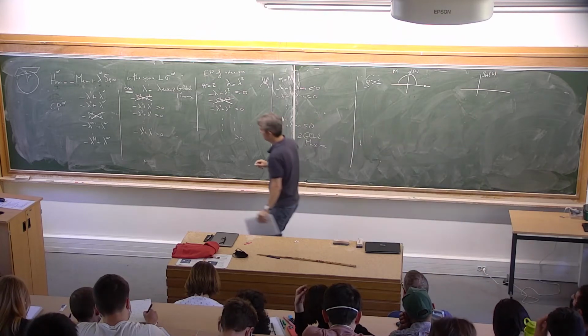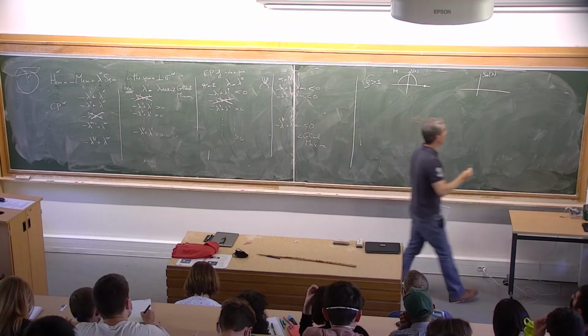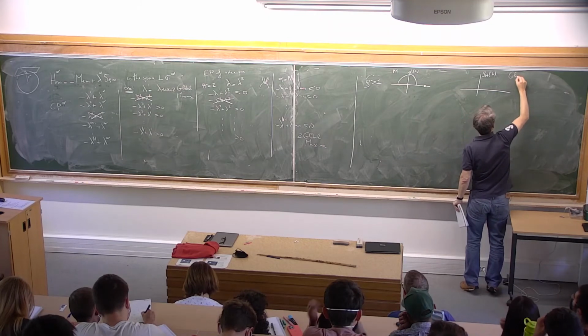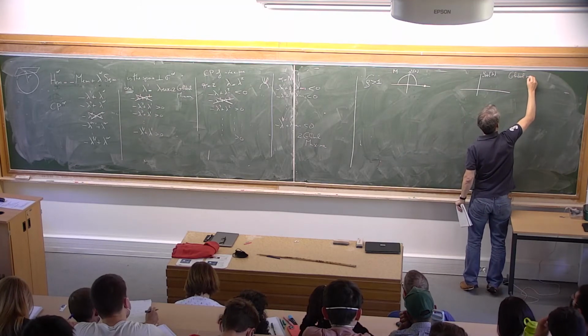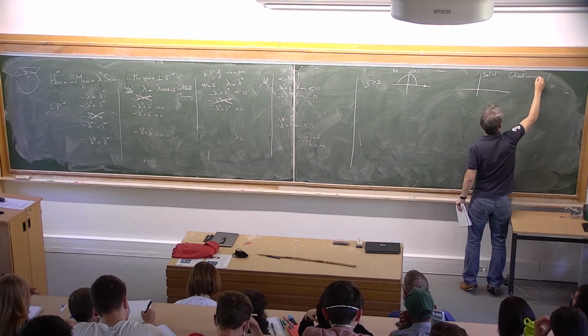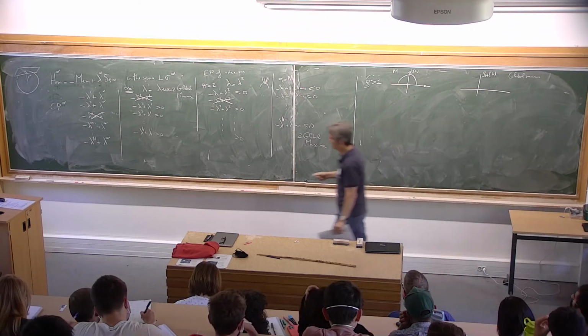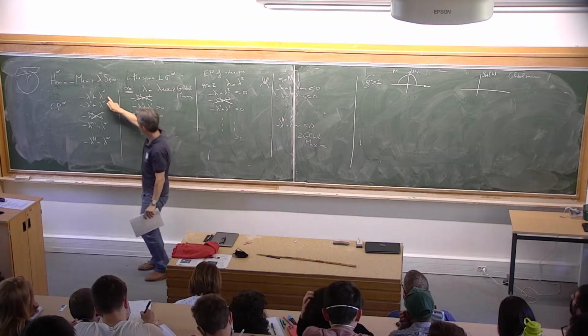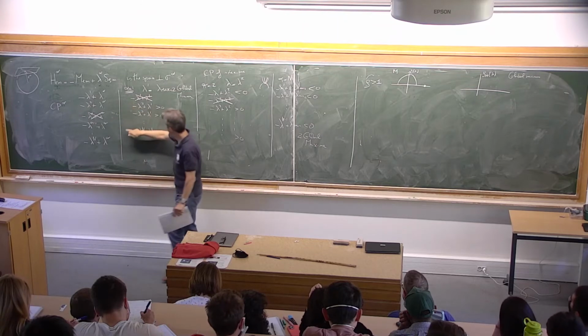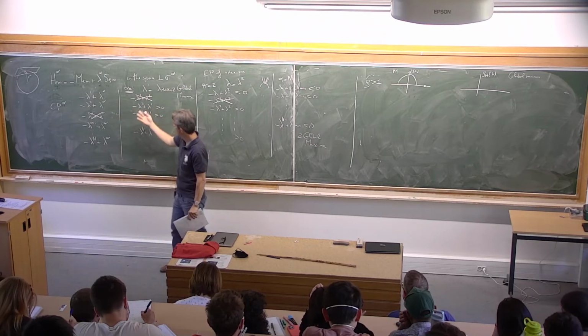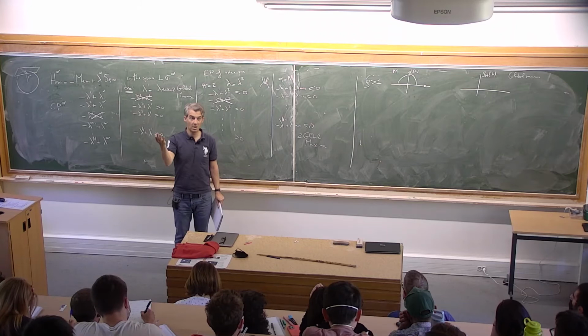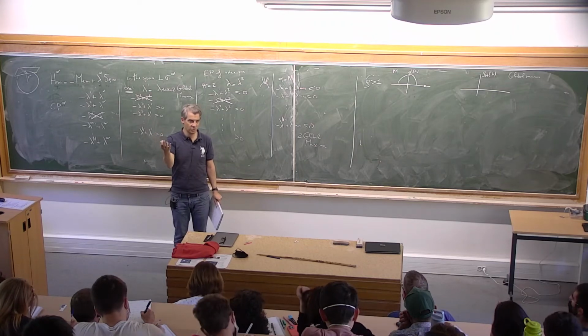So for the global minimum, or the two global minima, what you have to do is that you take the semicircle, you just put a minus to all the lambdas.